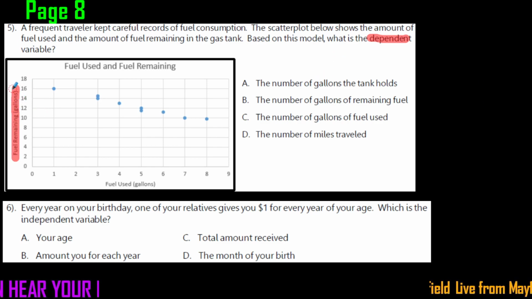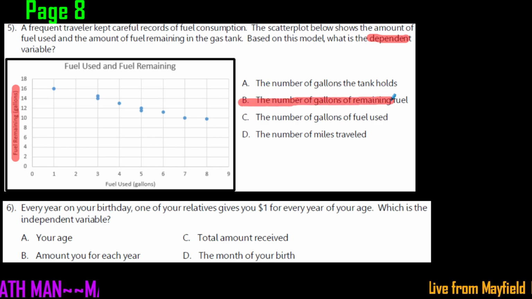And that makes sense too, because our amount used is going to affect the amount remaining. So for this one, we would say the number of gallons of remaining fuel is going to be our dependent variable.